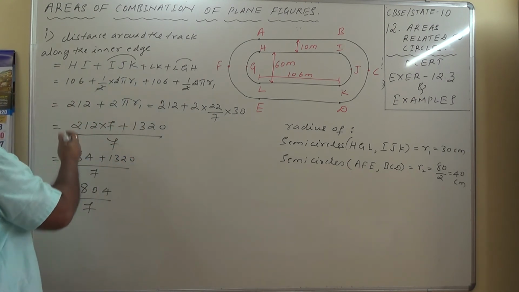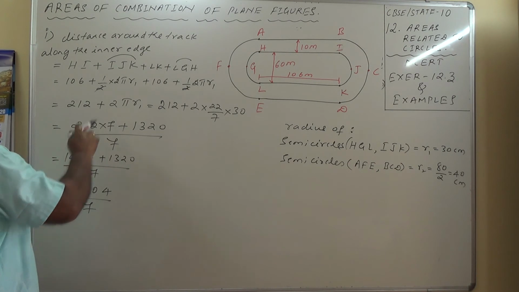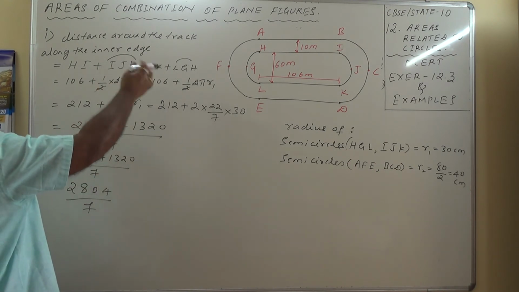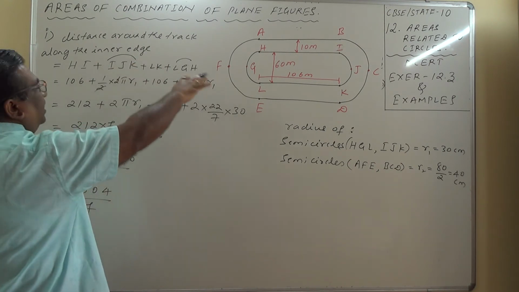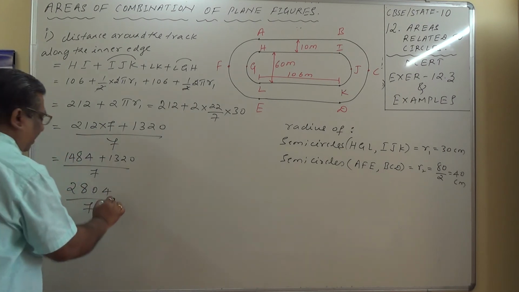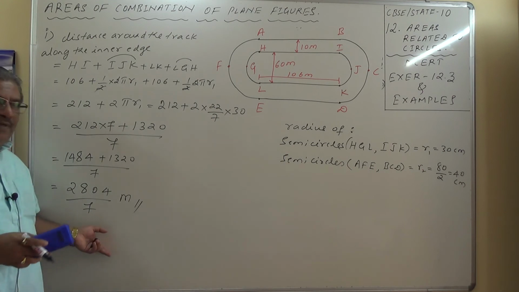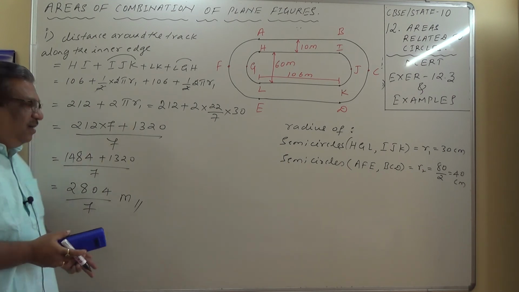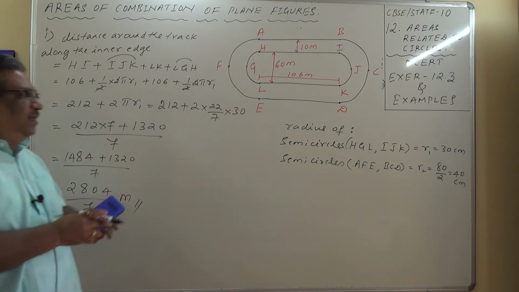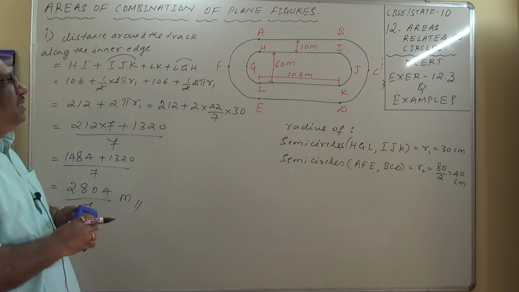This is the distance around the inner track, the distance of the track along the inner edges, in meters. Let us keep it as a fraction because the answer is given as a fraction, but you can still work it out in decimals. Now what else is asked?